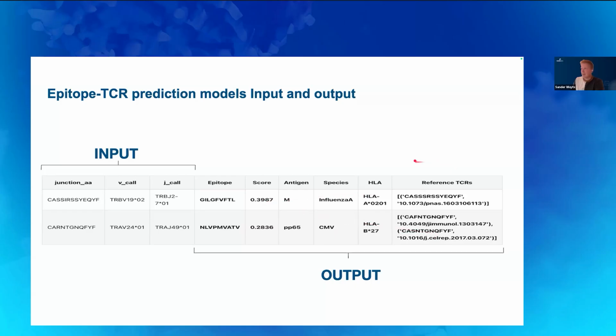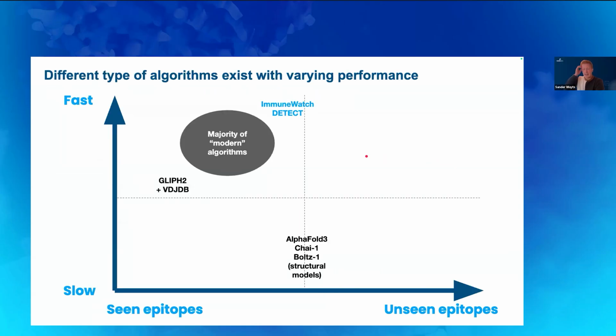Now, these TCR epitope algorithms come in different flavors with varying performance. I try to classify these algorithms using two different axes. We can classify them according to their speed, from slow to fast, but also whether they are performant on the seen epitope use case or the unseen epitope use case, shown here on the x-axis.